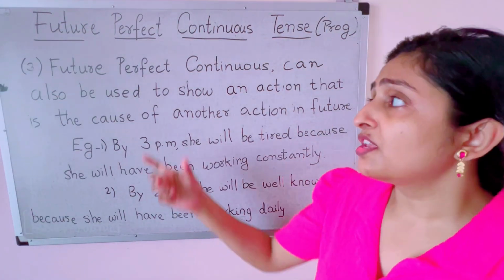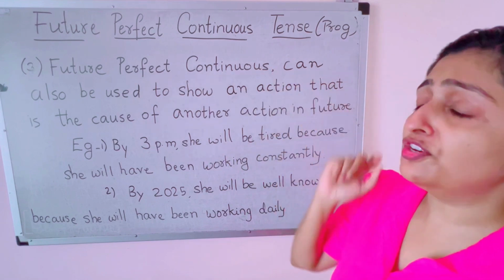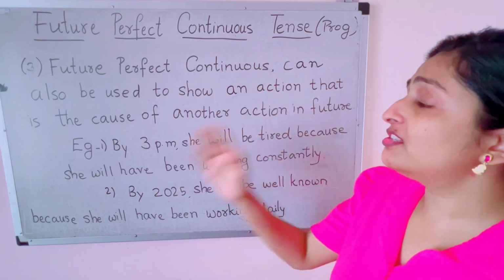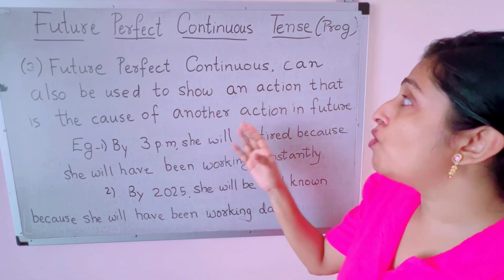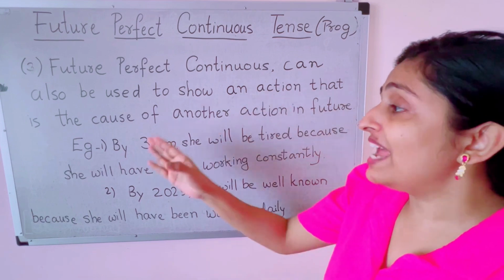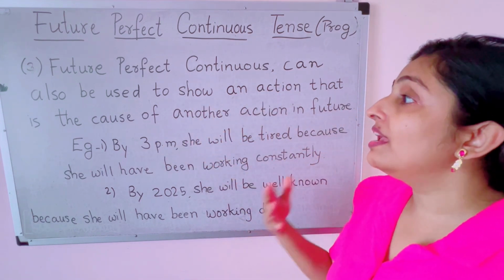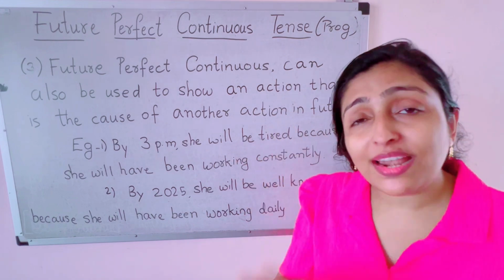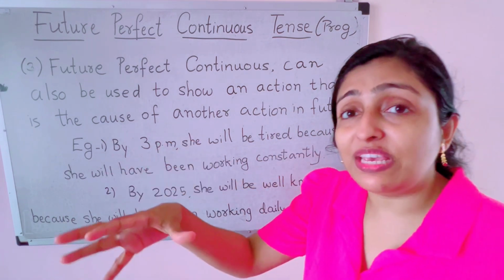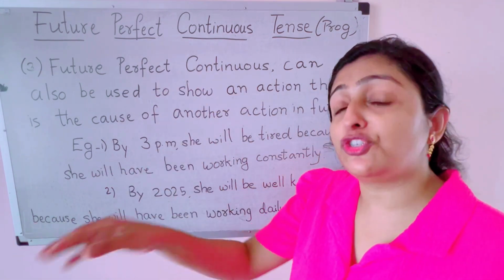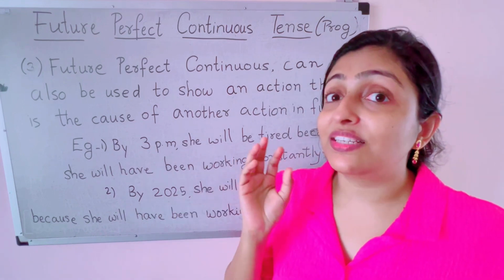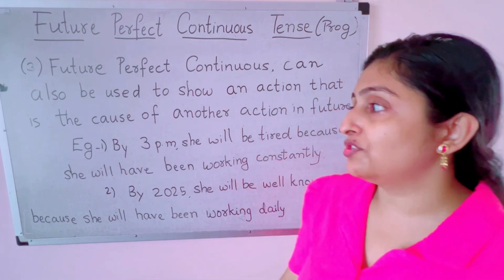Next rule is future perfect continuous can also be used to show an action that is the cause of another action in the future. One action will be the reason why another action occurs, and the time is in future tense.